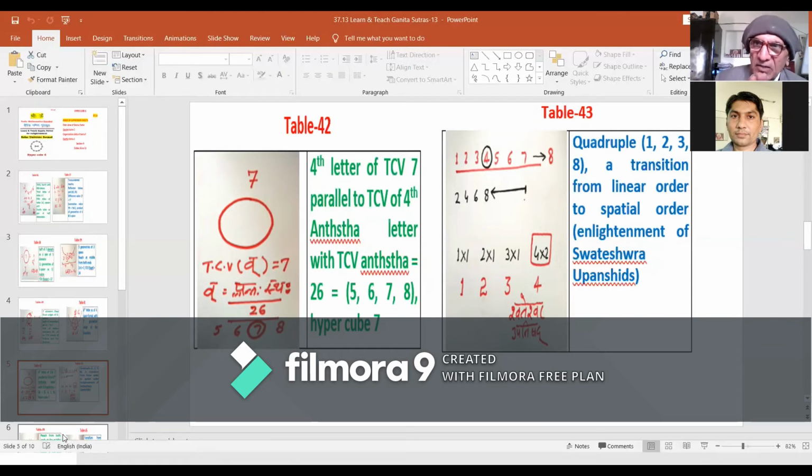Now, the word formulation antastha is of each value 26, which is parallel with 5 plus 6 plus 7 plus 8 as fourfold manifestation layer of hypercube 7. So, fourth letter as four space domain enveloped within a solid boundary which is of 7 versions. Hence, the TCV value of the fourth letter is 7.